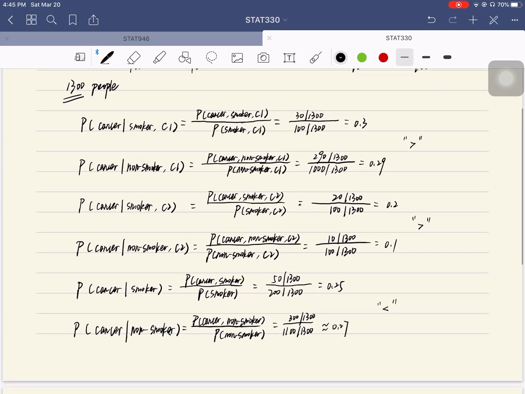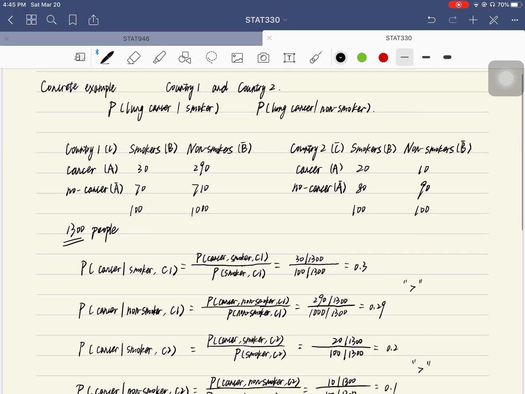How can we know that? Let's see the second explanation, that smokers tend to live in country 2.